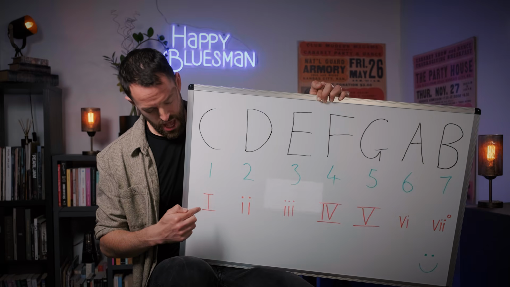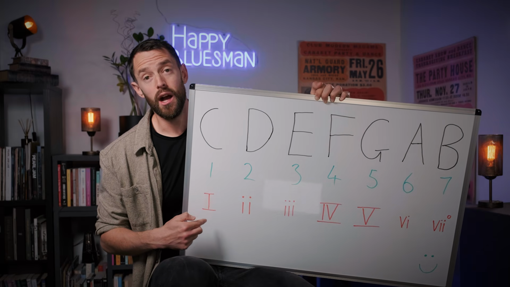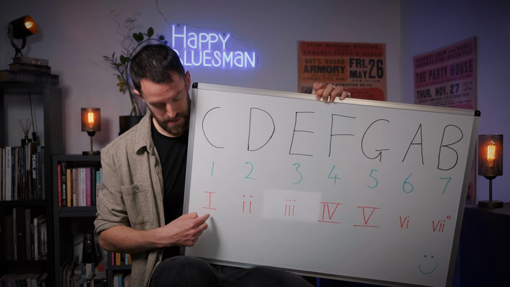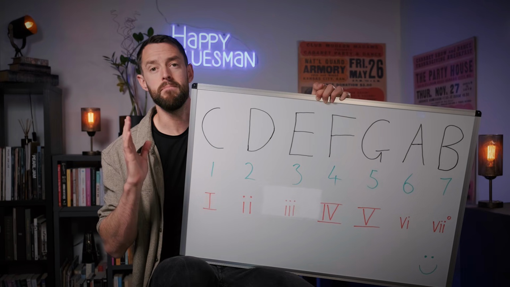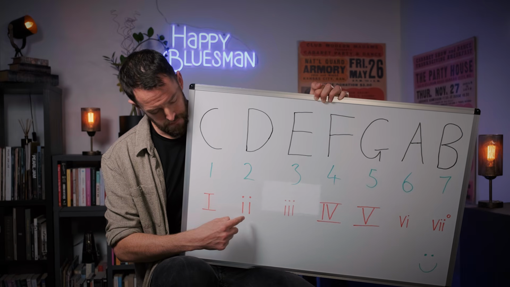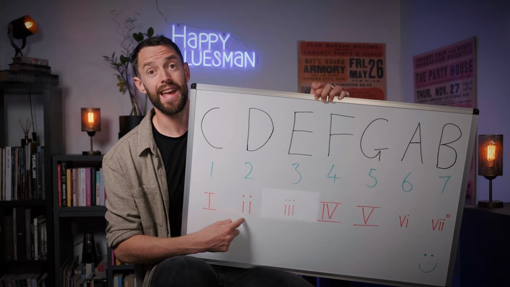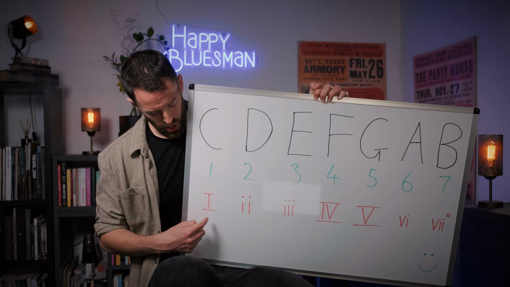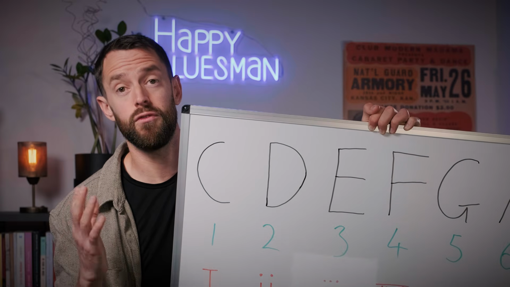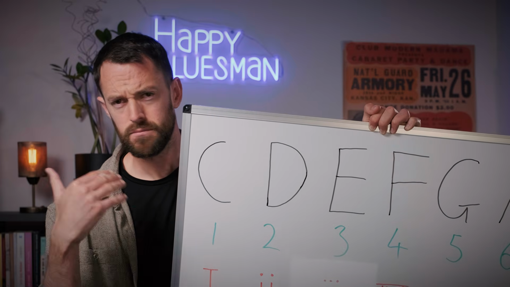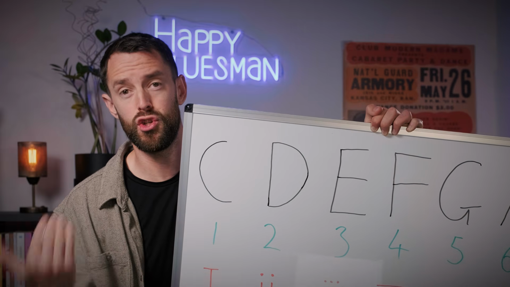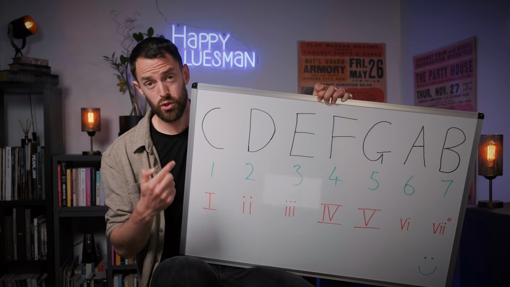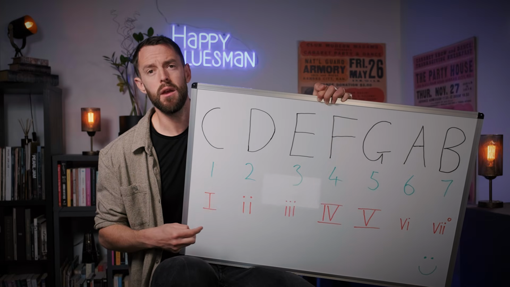So, whenever you see an uppercase Roman numeral like this, so it's a big one, okay? That is a major chord. The lowercase Roman numeral, like here, the 2, is a minor chord, and so on. So, any time you follow this in a major key, doesn't matter if it's C major, D major, G major, A major, whatever, when you build a chord off the first degree, you will find a major chord.